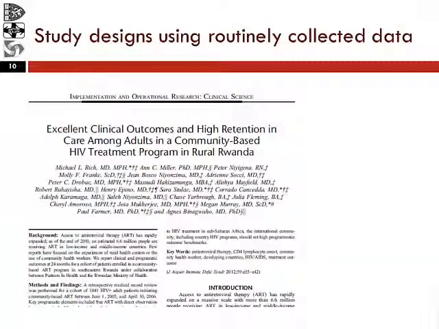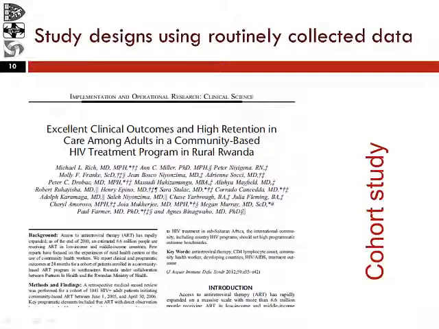In terms of what study design you can use when you have routinely collected data, I just want to revisit some studies that we have discussed as part of this course. This is one study that was a cohort study. It was based on HIV treatment data, the EMR data that Neza was describing before.